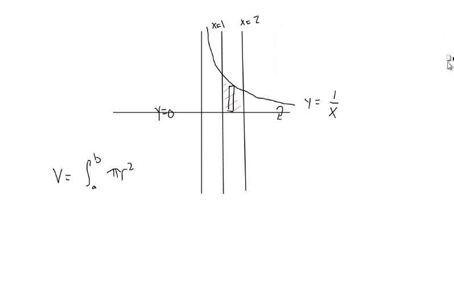And we can look at that again, as here we had the axis of rotation being 0, so it was 1 over x minus 0. And we simplified it by just doing 1 over x squared. So it's important to keep the axis of rotation in mind when you're doing volume problems. And that's our video on volumes using the disk method.